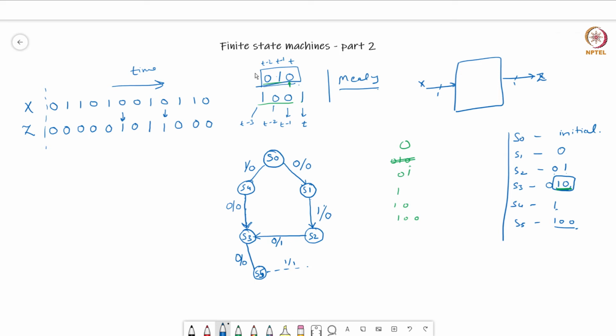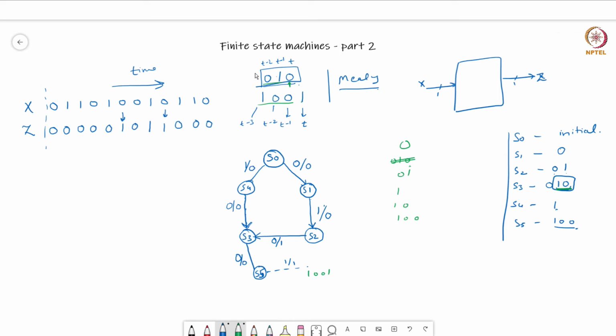We are there at S5. From S5 the input is 1, so this 1 represents that the sequence is so far 1 0 0 1. Now out of this 1 0 0 1, what is the most useful thing here?